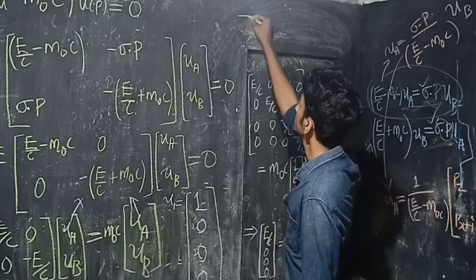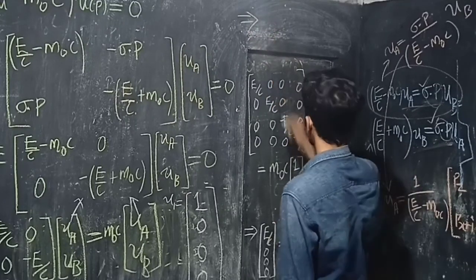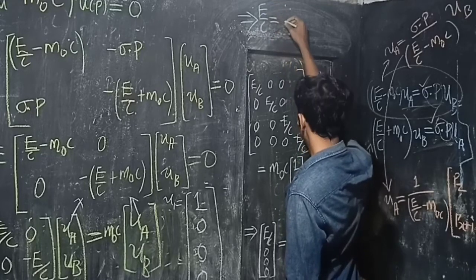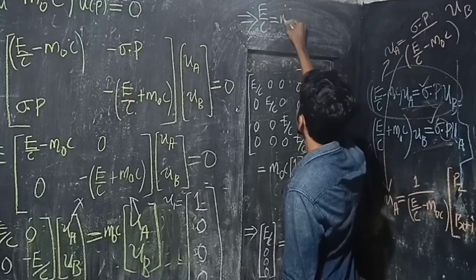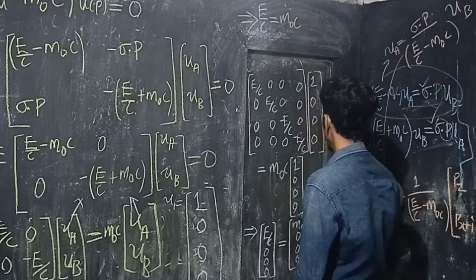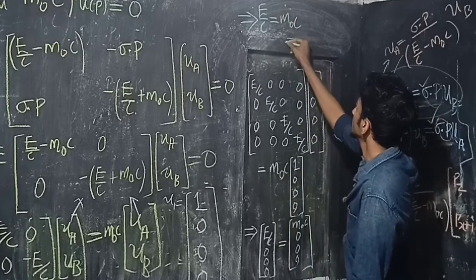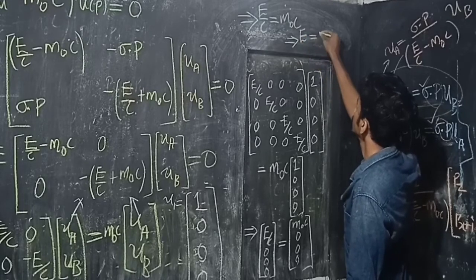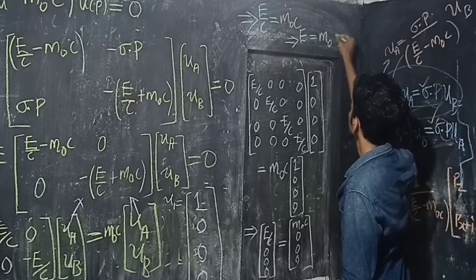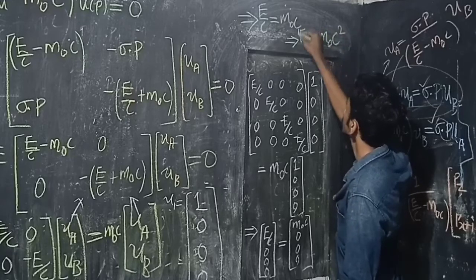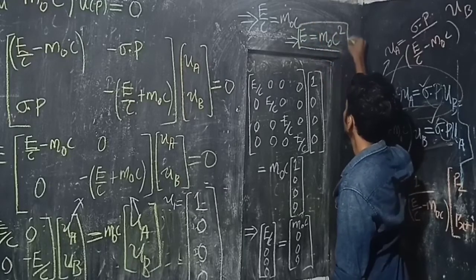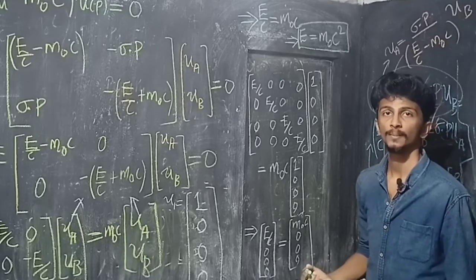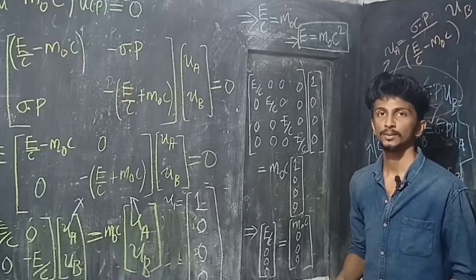So this implies E by C is equal to m naught C for the U1 spinor, and that implies E is equal to m naught C square for the U1 spinor. So you simply see that the energy associated with the U1 spinor is positive.